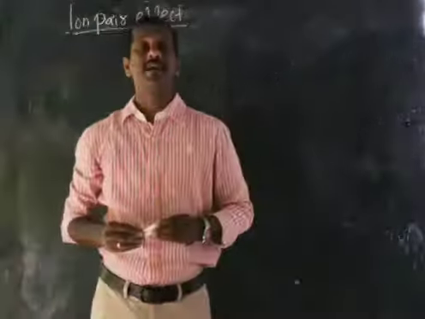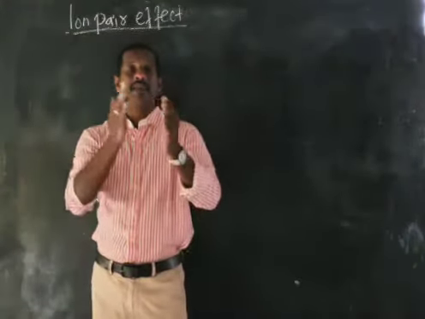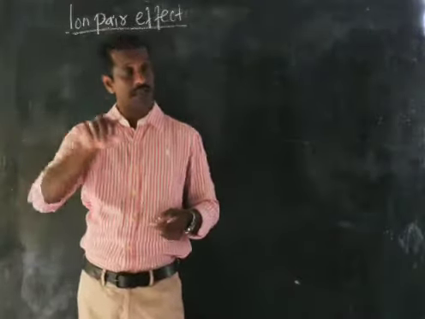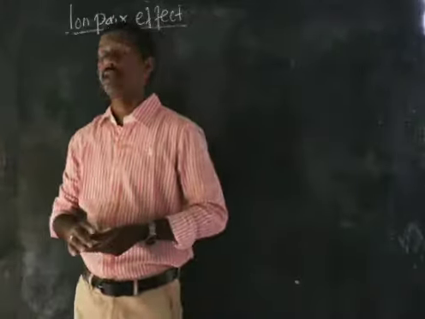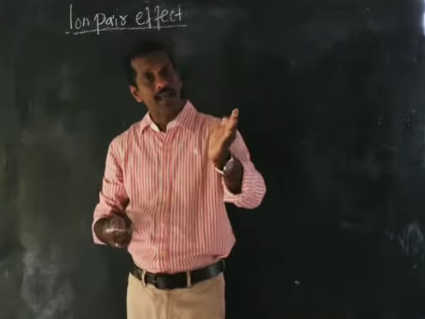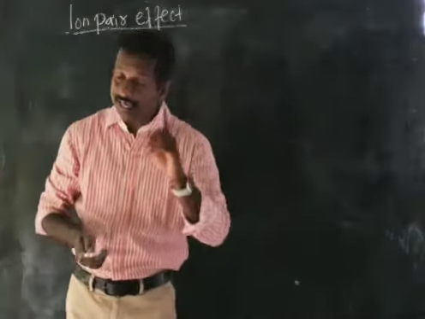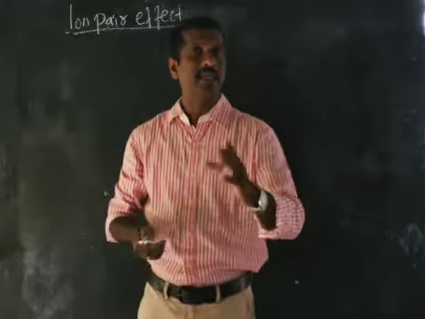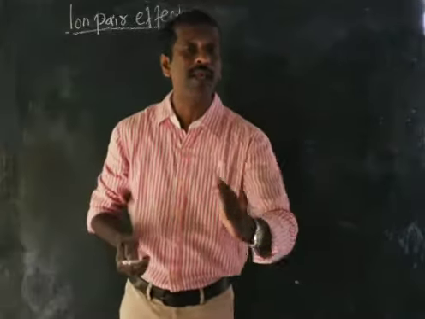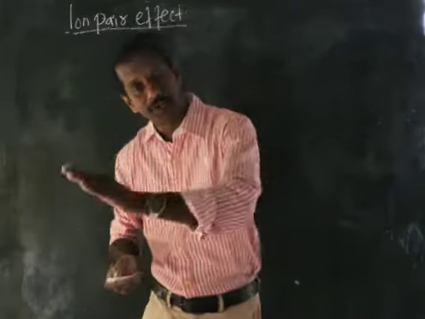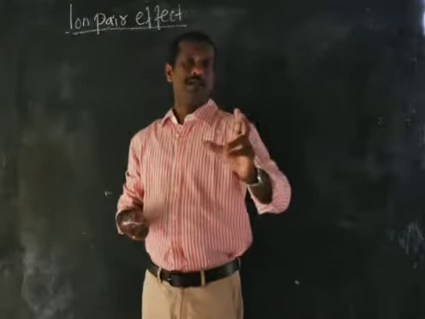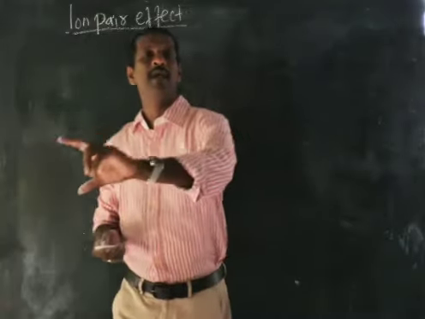Just now we have discussed that in the case of SN1 reaction, we get an equimolar mixture of inversion product and retention product. But it is seen that in many cases, the inversion product predominates over the retention product. What is the reason? Why is the inversion product a little bit higher than the retention product?